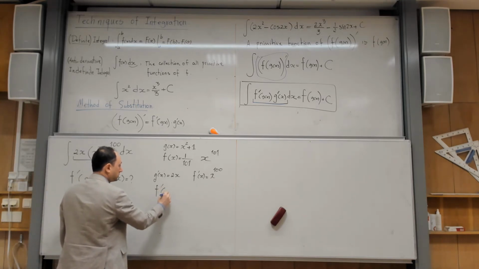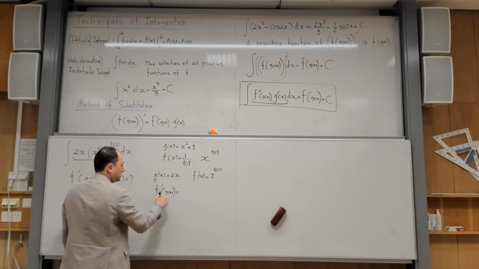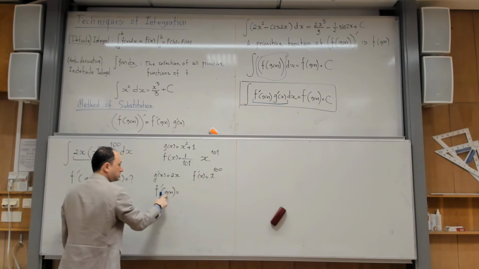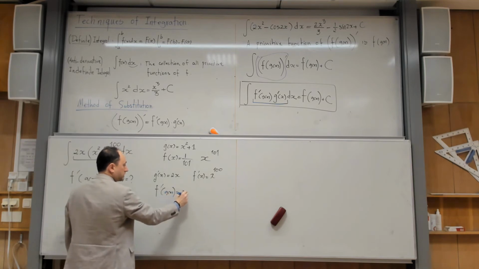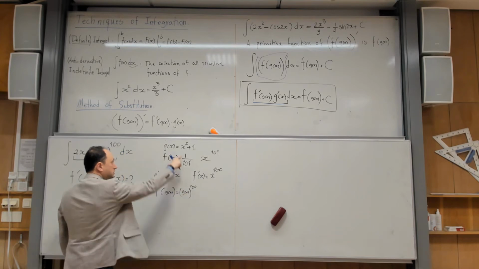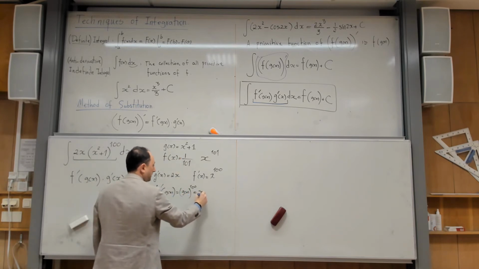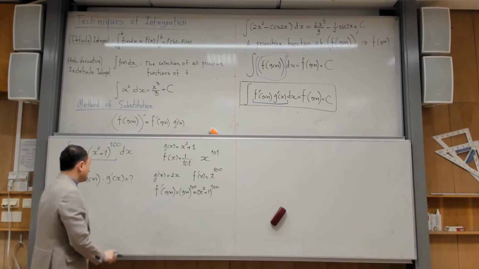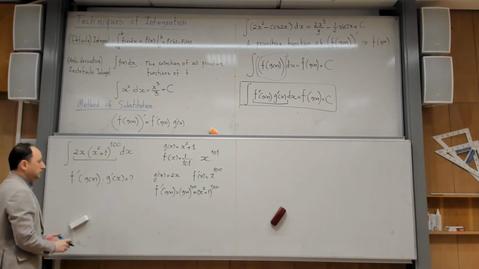f prime of g of x means go to your f prime and replace x with g of x. So it becomes g of x to the power 100. But what is g of x? It is x squared plus 1, to the power of 100. So I hope that you agree with me that this is the case.